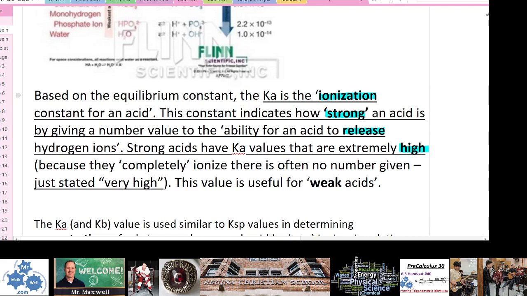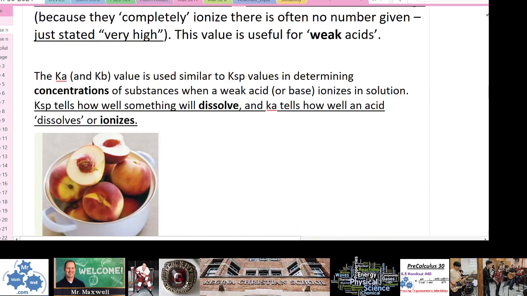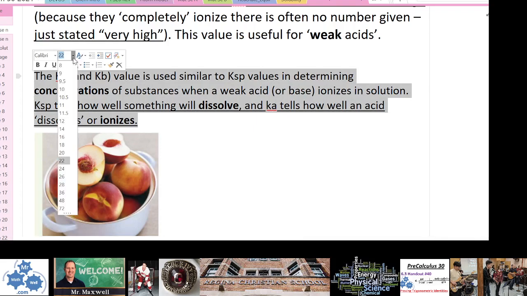Okay, so the value is also useful when we're talking about calculations, just like Ksp. The values are useful when we're talking about weak acids and how much they will contribute their hydrogen ions. So the Ka and Kb value is used similar to the Ksp, as I mentioned. Let me make this a bit bigger for you.